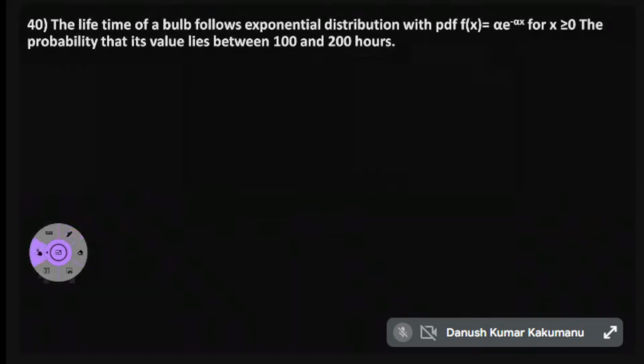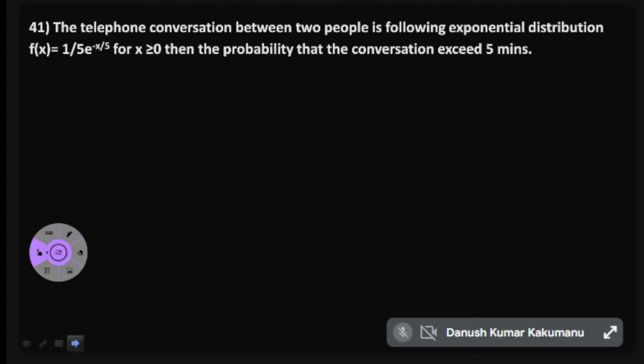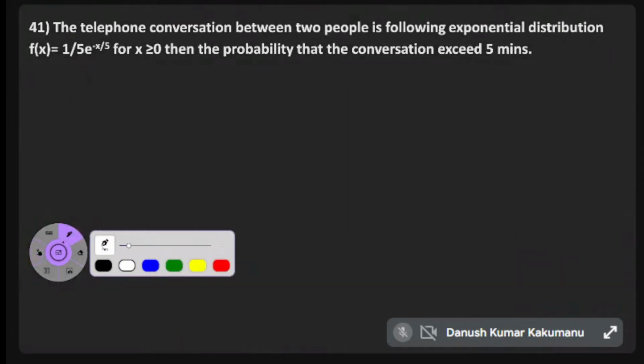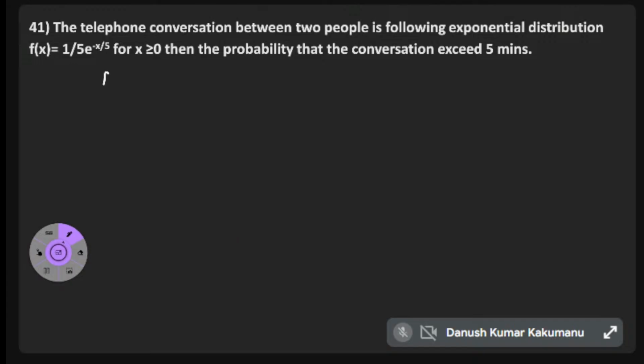Okay. Now, the telephone conversation between two people is following exponential distribution with f of x equal to what? What is f of x here?